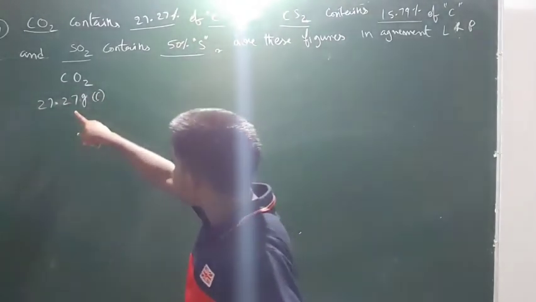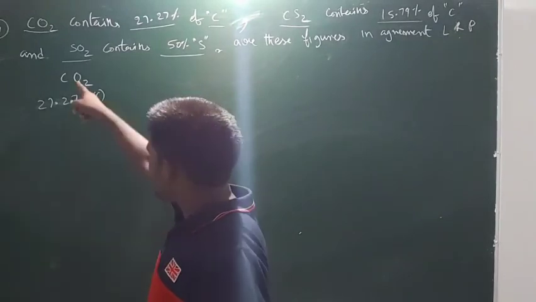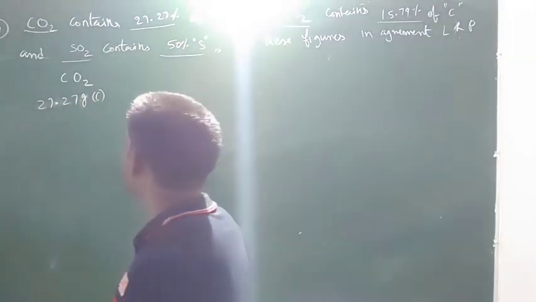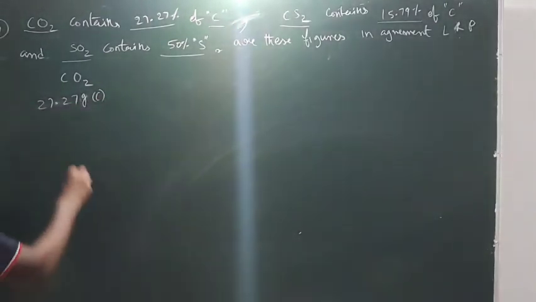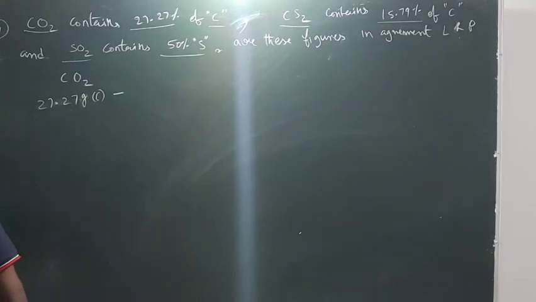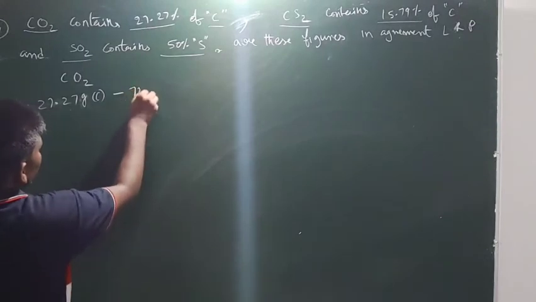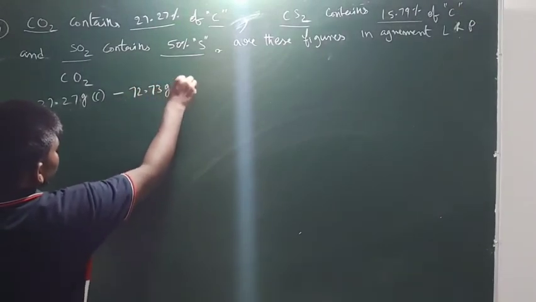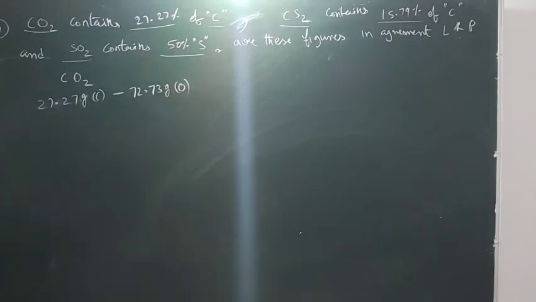By removing this value from the 100, you can get the amount of oxygen present in the carbon dioxide. So if you remove this value from the 100, you get 72.73 grams of oxygen. Right, guys?